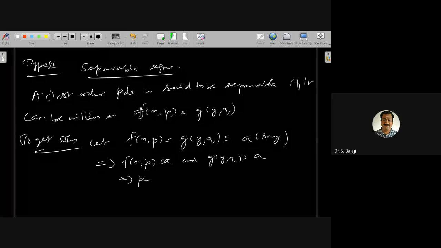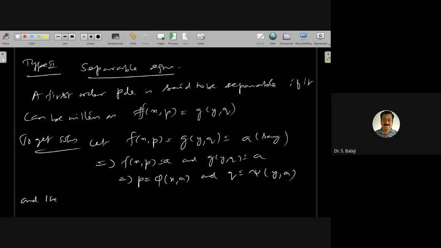From this you can write p as a function of x comma a, and similarly q as a function of y comma a.